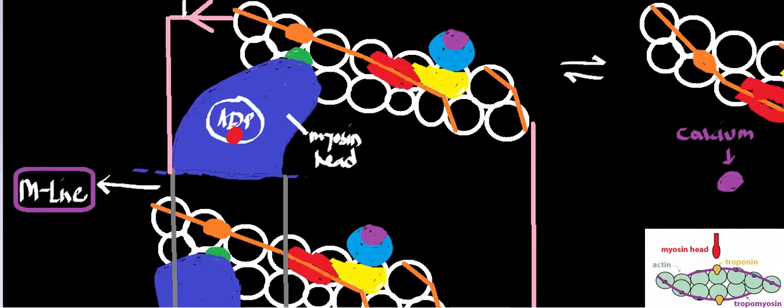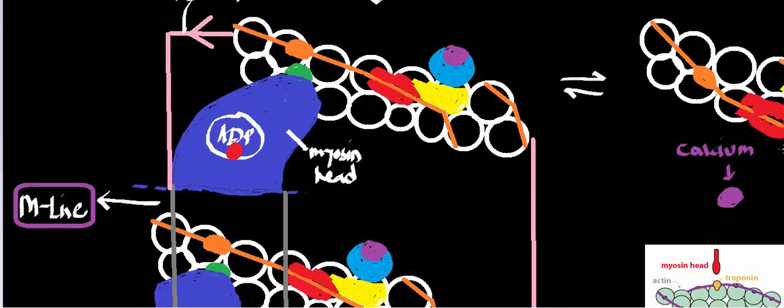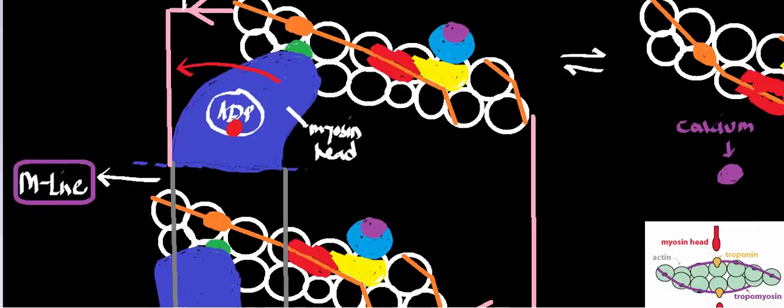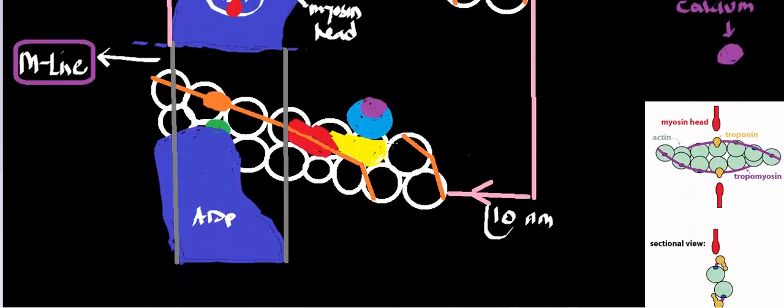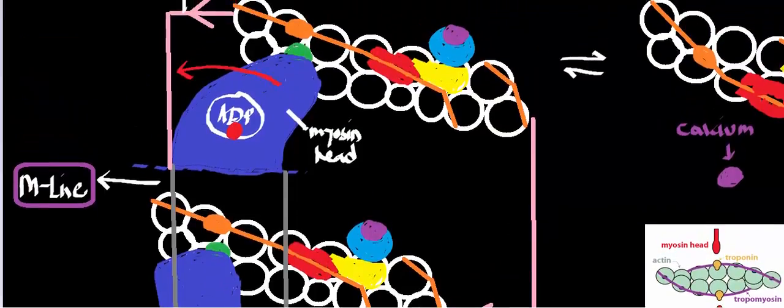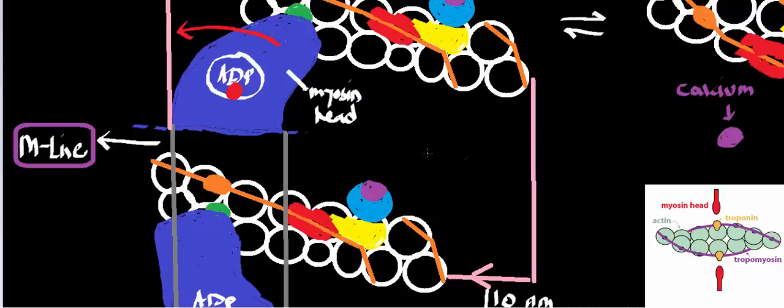Okay, so hopefully that makes sense. And so what myosin will actually do in the presence of adenosine diphosphate, and we'll talk more about that later, is the myosin head will actually rotate like this. Okay, so essentially it's going to rotate about that point to where now you rotate it up like this, right?